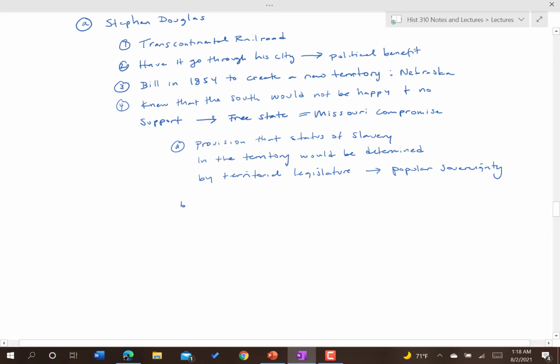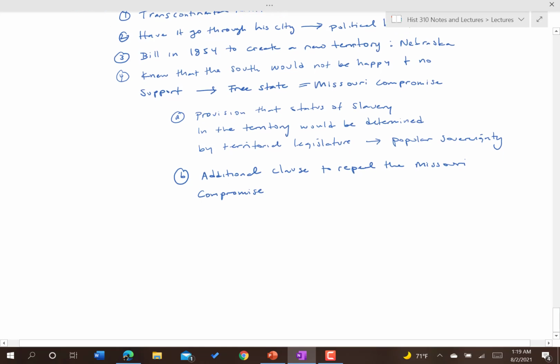So what this ultimately does, though, because remember, Nebraska under the Missouri Compromise has to come in as free, is that in order to have that provision work, he created an additional clause to repeal the Missouri Compromise, which was seen as a big deal to do.